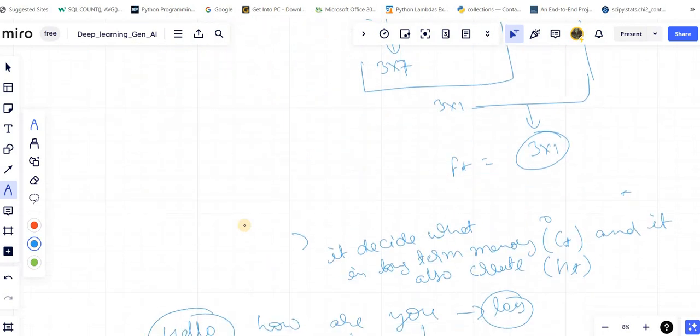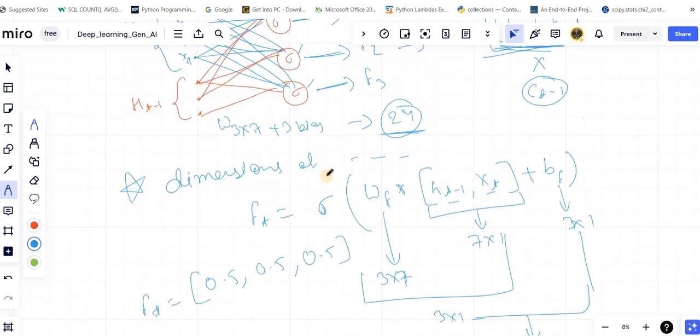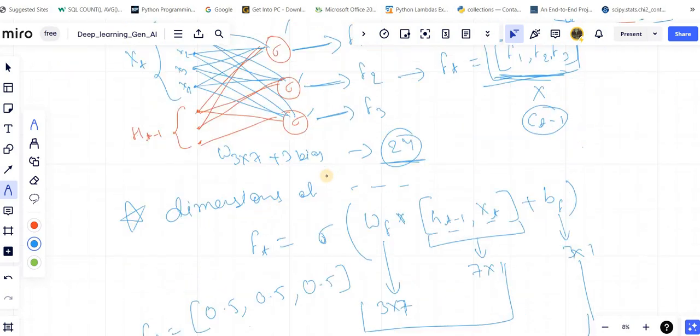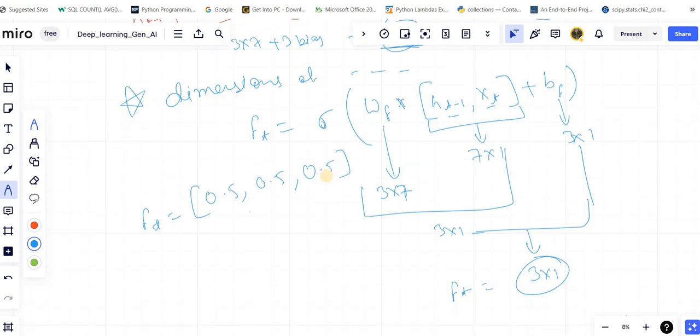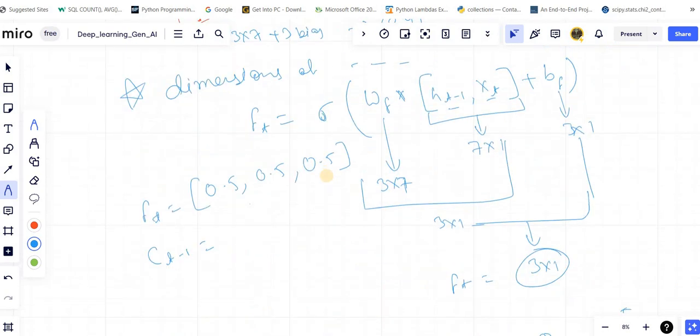And ft will always come between 0 and 1. Let's suppose these three values f1, f2, f3 are 0.5, 0.5, 0.5, and ct minus 1, which is coming from here, also has three dimensions, as we selected the nodes, say 4, 8 and 12.